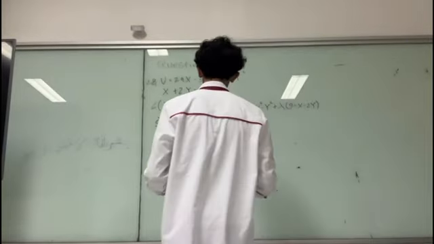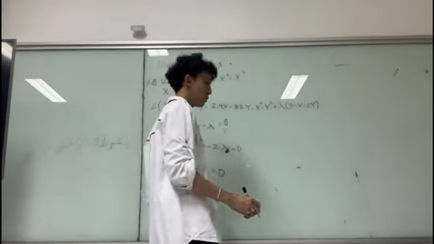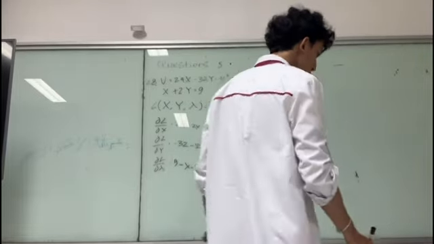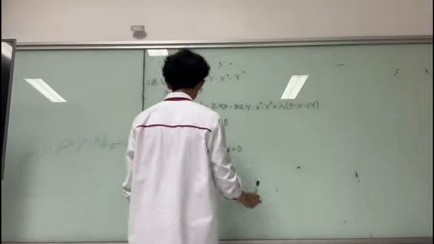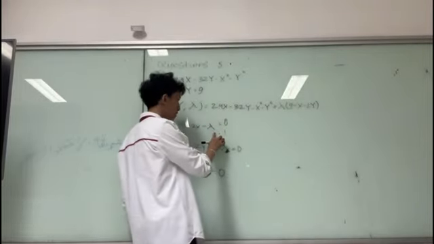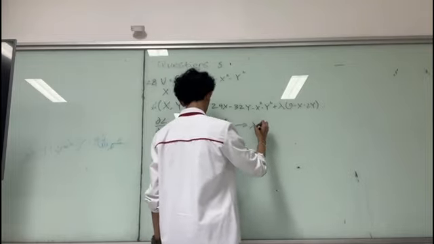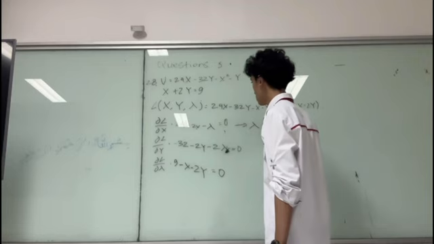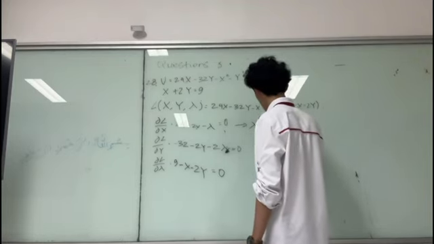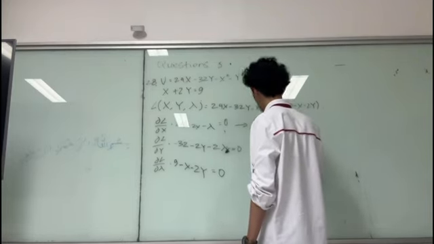Now we are going to solve the equation system. From here we can get lambda equals 24 minus 2x.